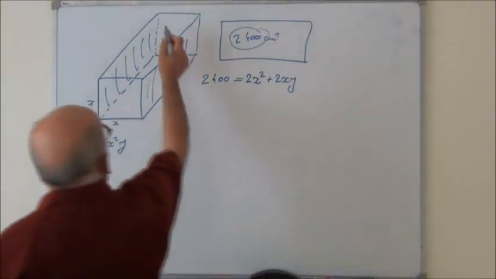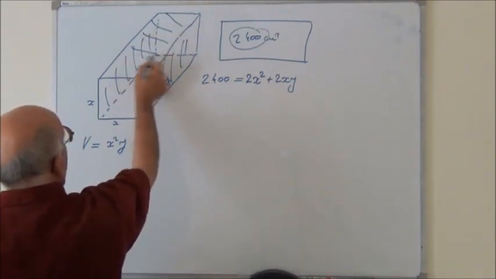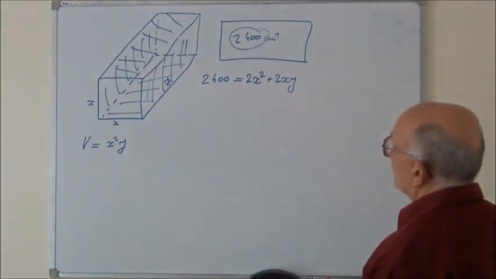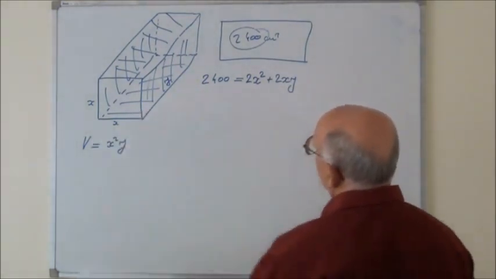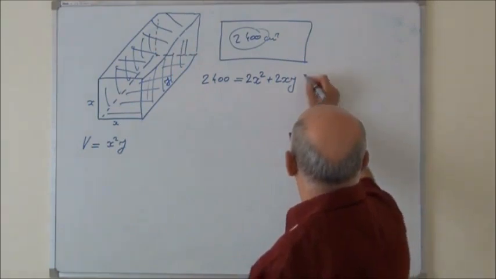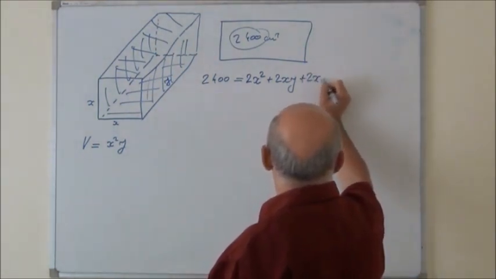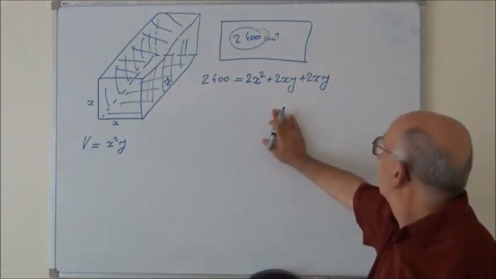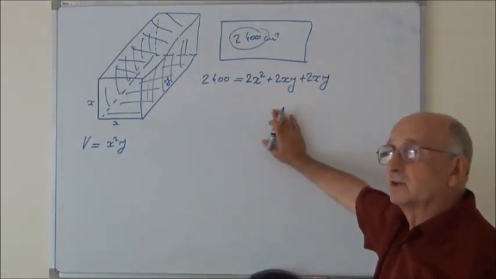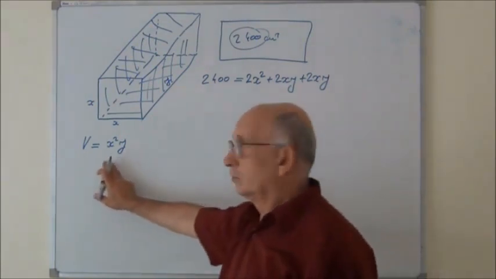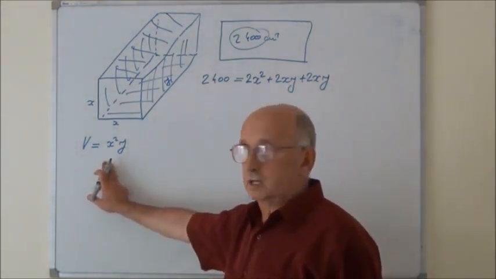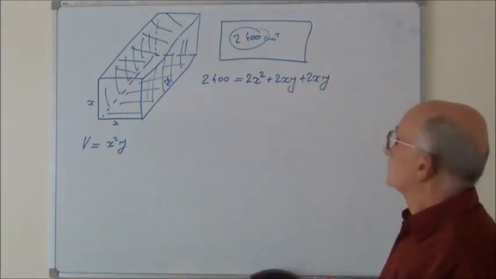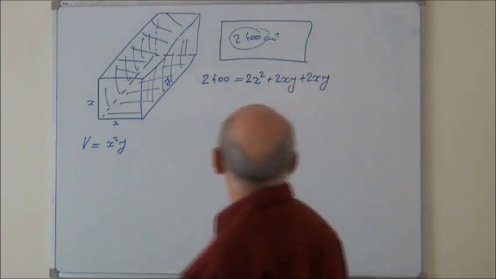And finally, we have this top and bottom side, they are the same, and also x multiplied by y is the area of each of them, so another 2xy. This is now our equation that will help us to get just one variable, because this equation is a relation between x and y.